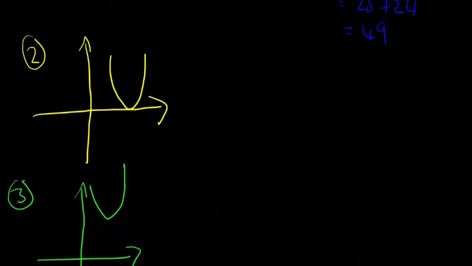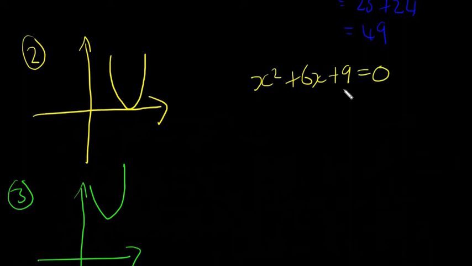We'll look at the yellow for this. This one is going to be x squared plus 6x plus 9 is equal to 0. So again, this is a, b, and c.